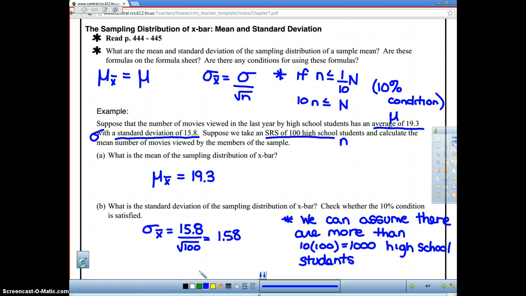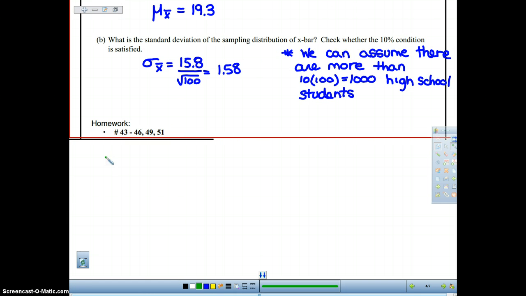Okay, we also need to make sure that we really know these symbols very well, the notations. We need to remember that mu here is the population mean, x bar is the sample mean, mu of x bar is going to be the mean of the sampling distribution of x bar, it's whatever's here. And standard deviation of x bar is the standard deviation of the sampling distribution of x bar, whatever's here.